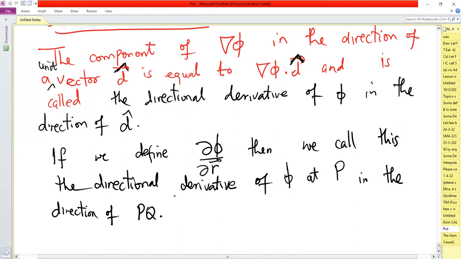So this is how we define those quantities. The easiest way is to simply define a directional derivative to be the dot product of gradient of phi and a unit vector. And the direction of that unit vector determines the direction in which you find the derivative by dotting grad of phi with this new vector d.